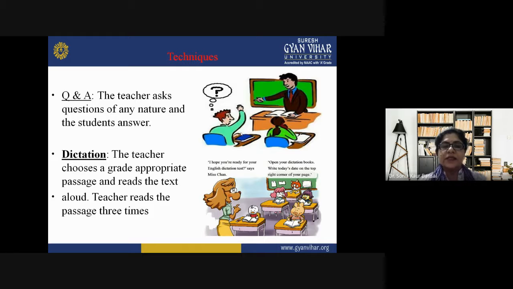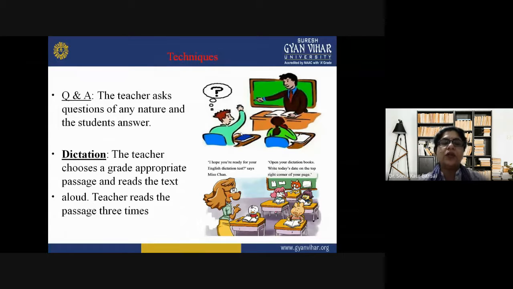Now students, let's understand something about techniques. The teacher asks questions of any nature and the students answer. Dictation: the teacher chooses a grade-appropriate passage and reads the text aloud. The teacher reads the passage 3 times. So this is actually the technique of how the teacher is teaching the students through the direct method.